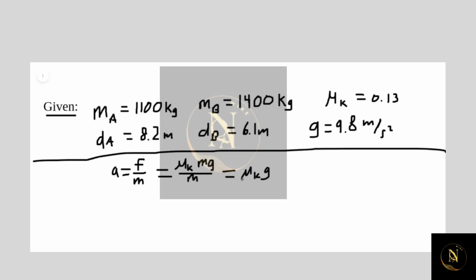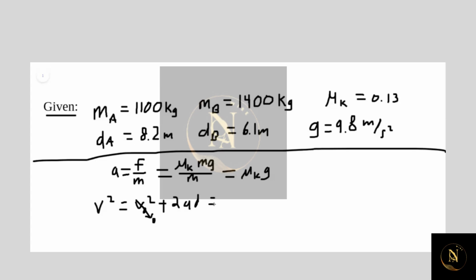Okay. Well, we can also use the equation that says V squared is equal to V naught squared plus 2 times the acceleration times the distance. Well, in our case, V naught is just equal to 0.